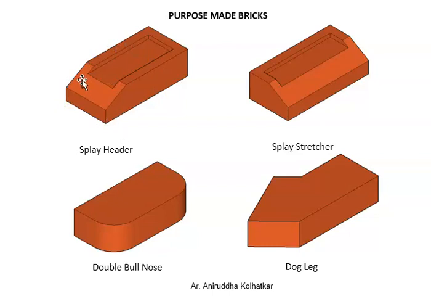What you are seeing here is a sort of a slope given to this part at the header face. This is called a splay header. The slope might be given along the length also, and then it is called a splay stretcher. These are used for formation of splayed plinth or some other decorative purpose. We'll see more about it later on.